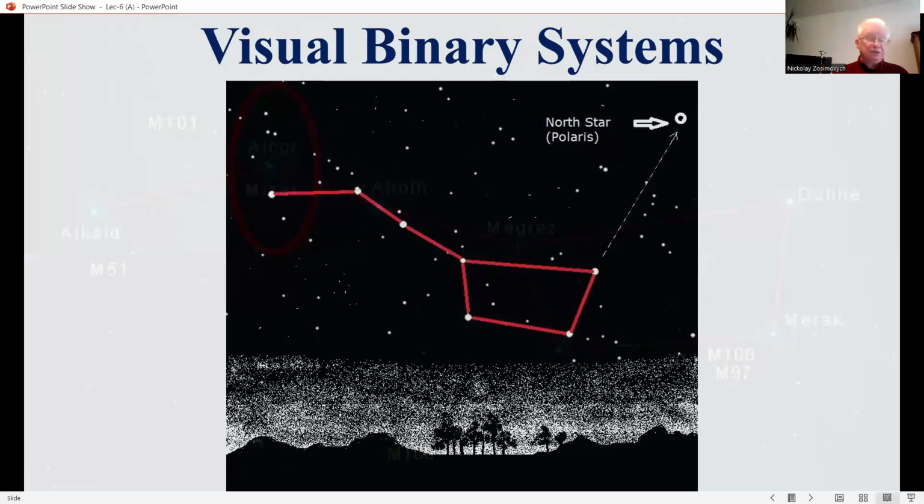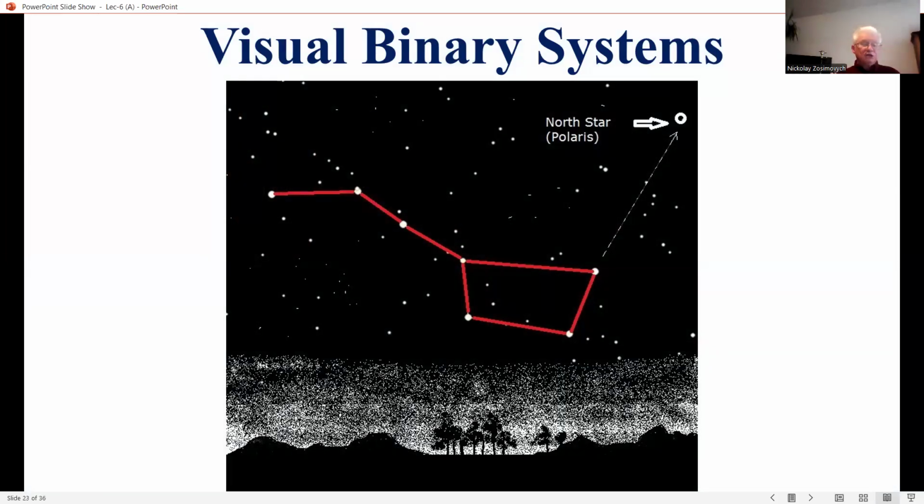In a visual binary system, the two stars are separately visible in the telescope. Only a pair of stars with large orbits can be separated visually. If the orbits are small, the telescope cannot resolve the star images, and you see only a single point of light.